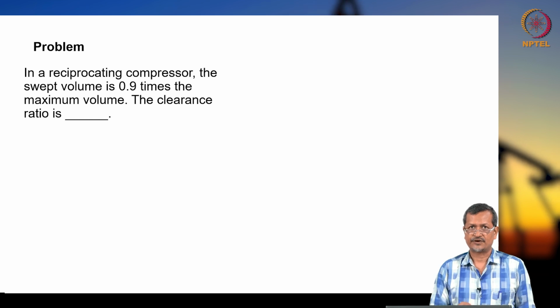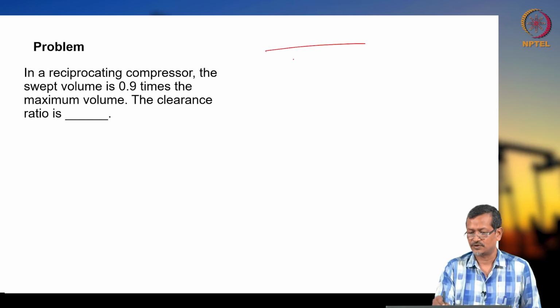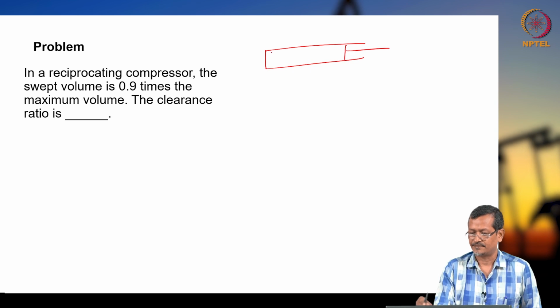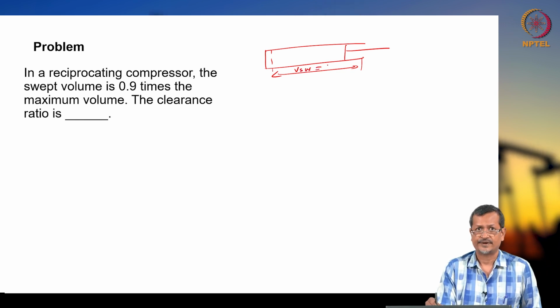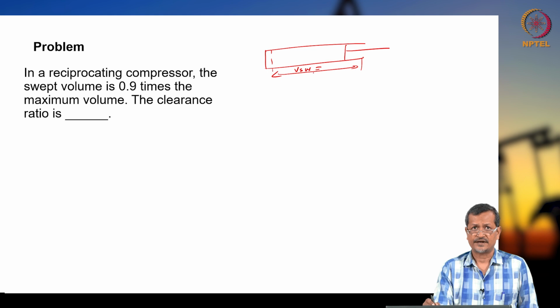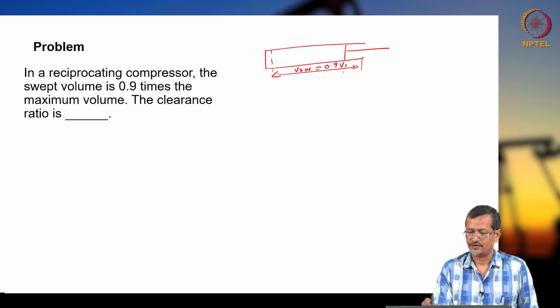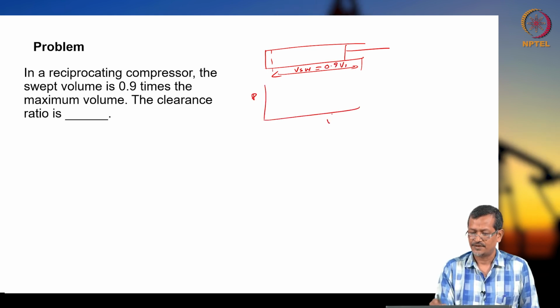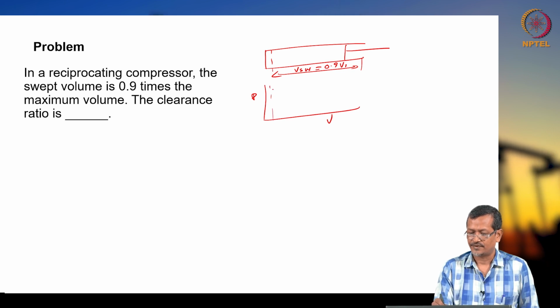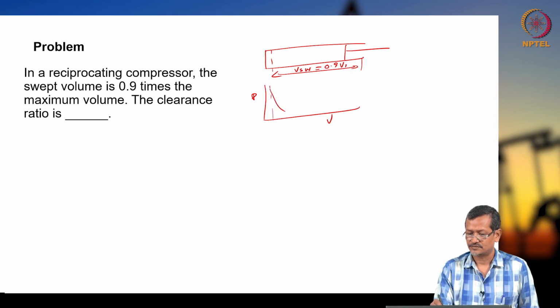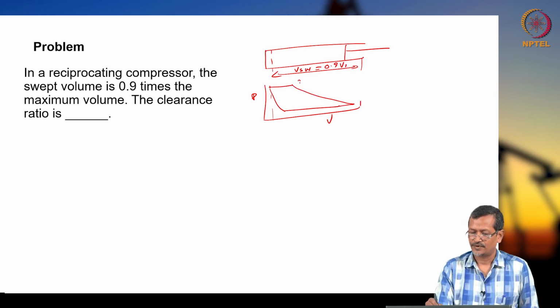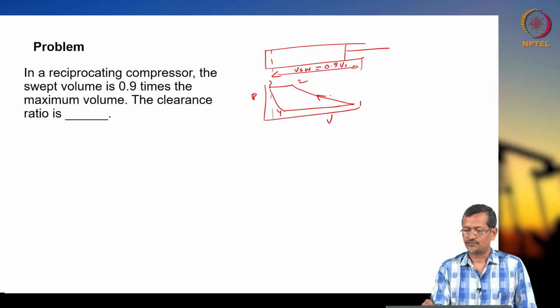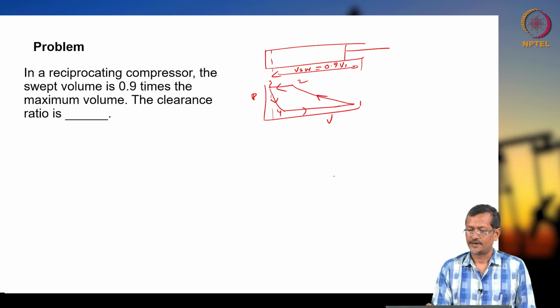In a reciprocating compressor, the swept volume is 0.9 times the maximum volume, 0.9 into V1. First you have to draw the compressor and the PV diagram. If I draw it like this, with points 1, 2, 3, 4, then 1 to 2 is compression.